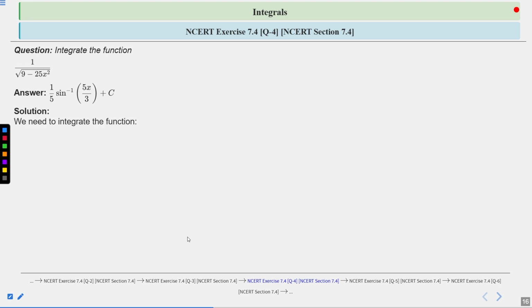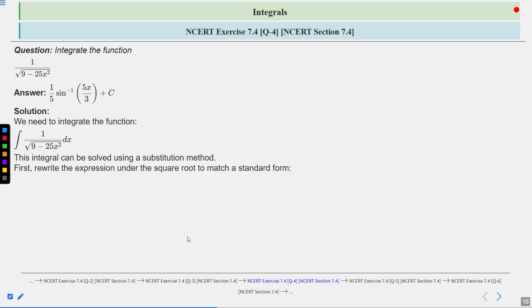We need to integrate the function given by 1 upon root over 9 minus 25x square. So we can write the integral of 1 upon root over 9 minus 25x square dx. This integral can be solved using a substitution method.